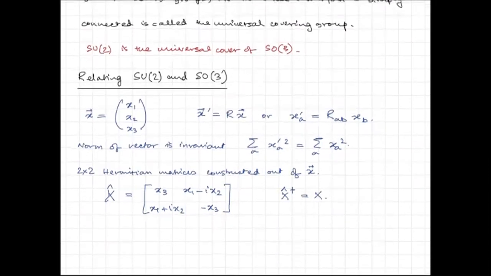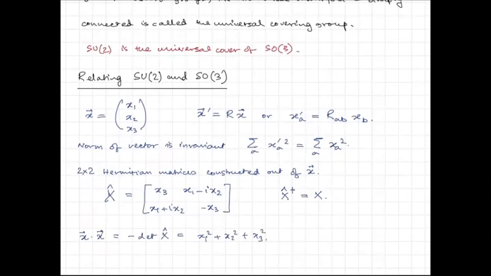This is simply related: the norm of x vector is related to minus the determinant of this X cap. This is something you can easily see. So this is x1 squared plus x2 squared plus x3 squared, very simply.